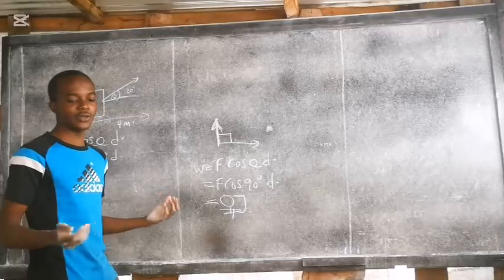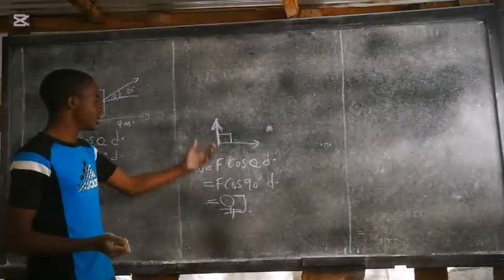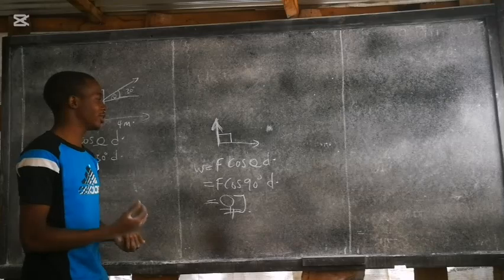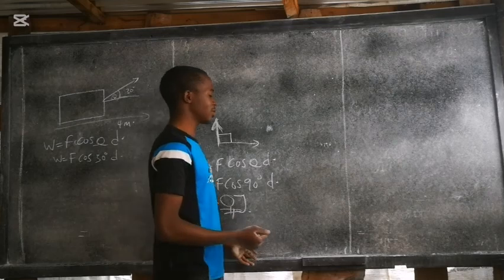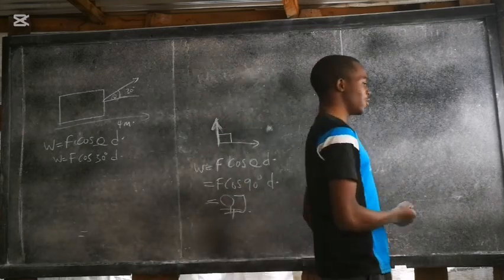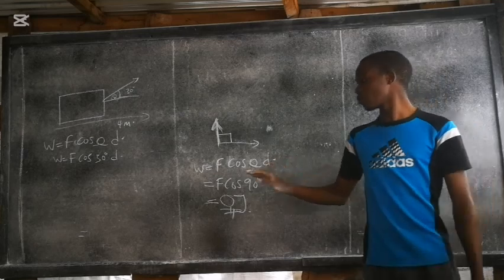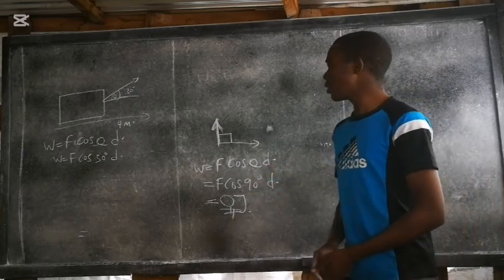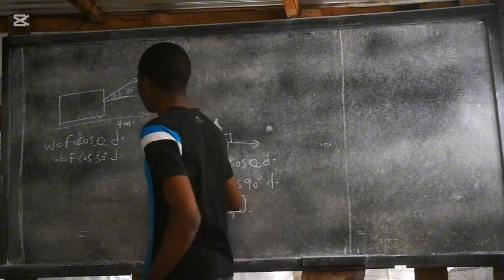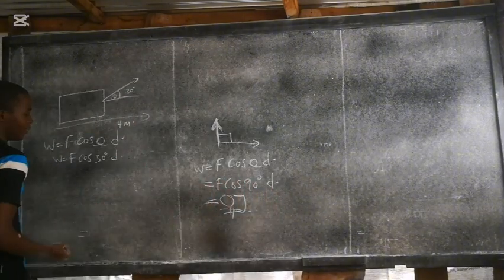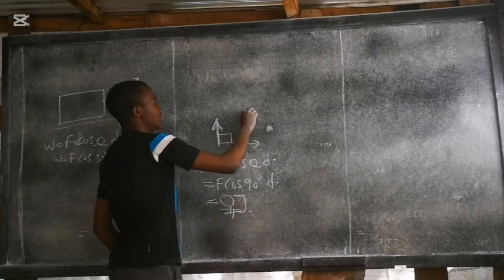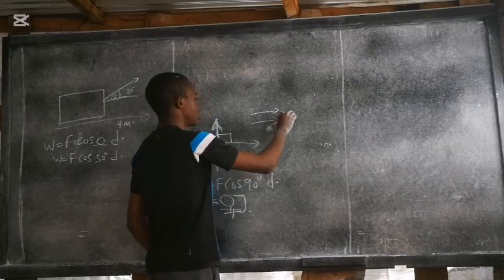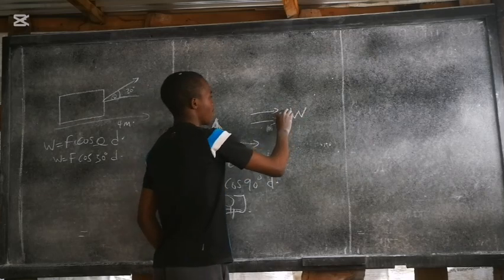Yes, that is the only thing we need to know about work. You will see when we start answering questions. When you start answering questions, you will enjoy questions on work. But another thing which you need to know on work, though it's the same thing I have already explained: where the force and the distance go in the same direction, the work done should be positive.